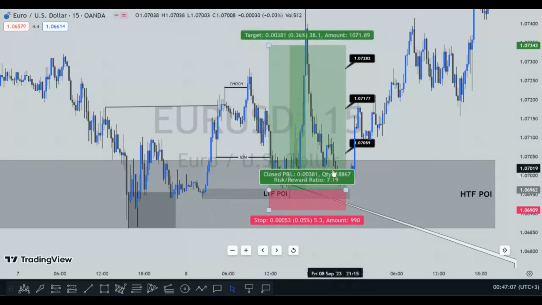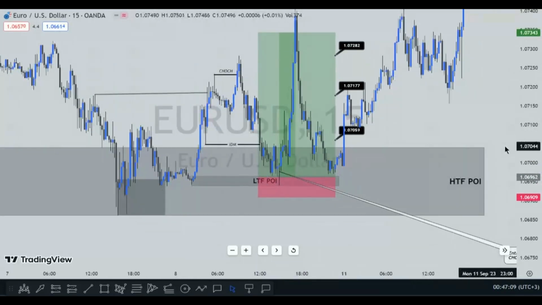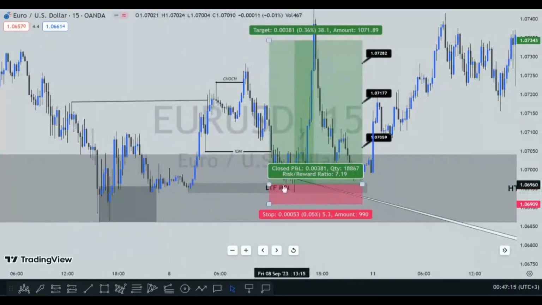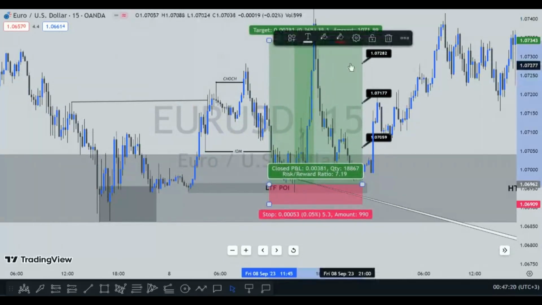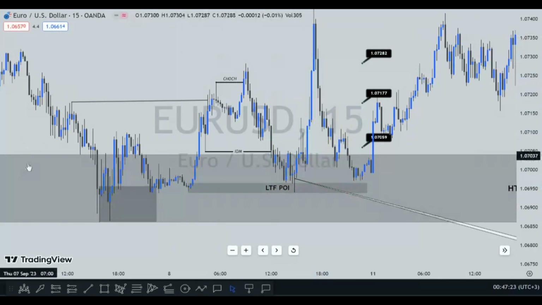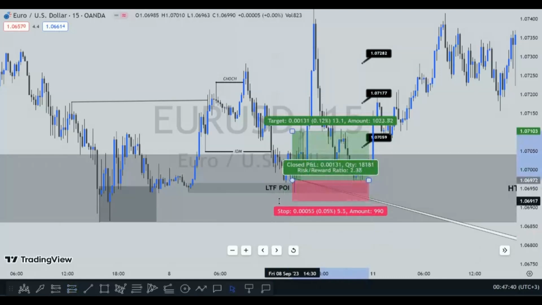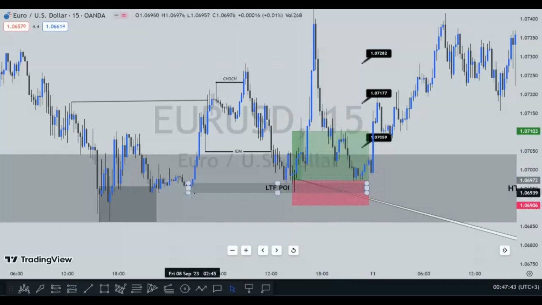So after marking my order block in the lower time frame, you can come and place, let me remove this, come and place your long position at this point, which is an order block on a 15-minute time frame, and then place your stop loss just below this low.